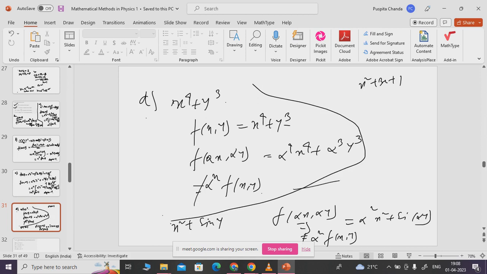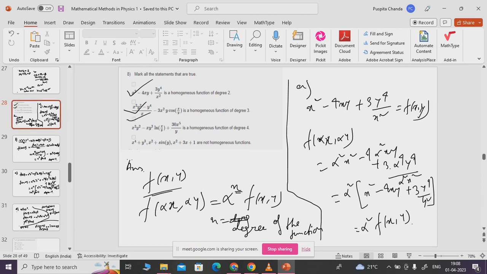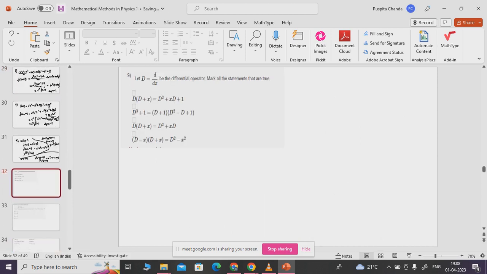And also for x square plus 3x plus 1, the function of alpha x, alpha y is not of the form alpha to the power n f of xy, because from x square it will be alpha square x square, from x it will be alpha x, and the constant will not have a term containing alpha. So all three functions are not homogeneous, that is also true. So A true, B true, C true, and D is also true.